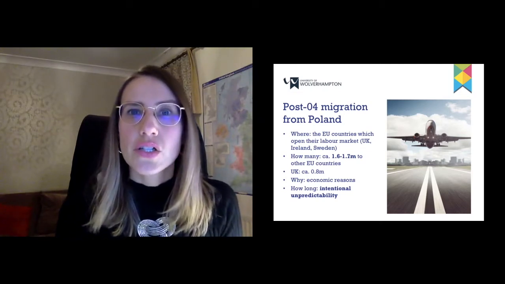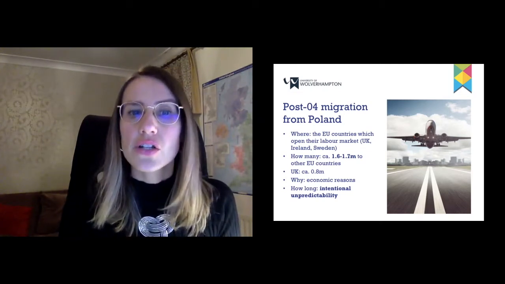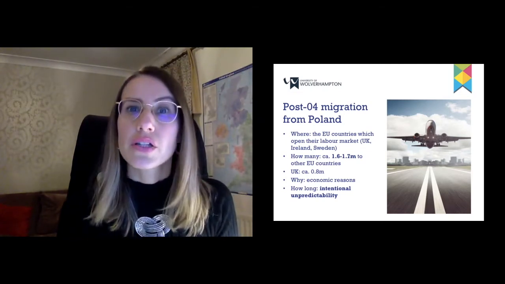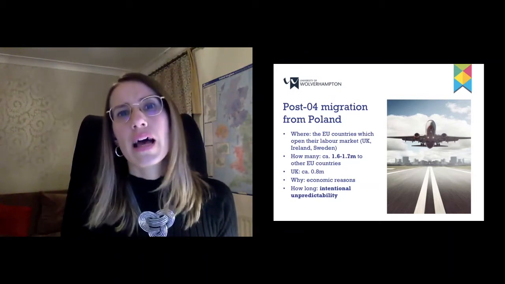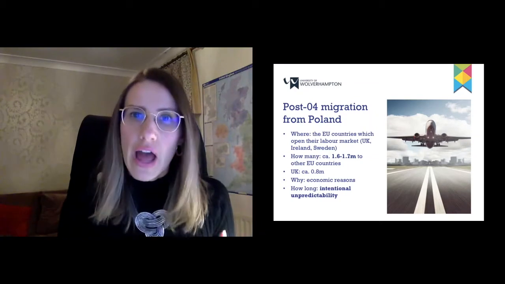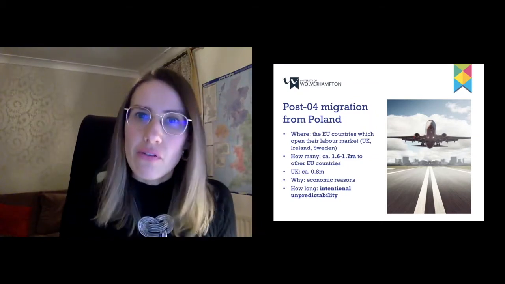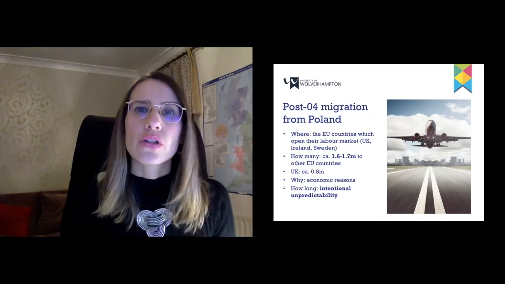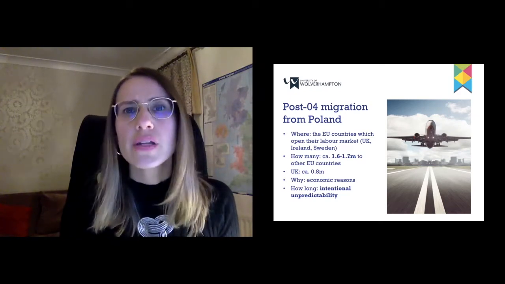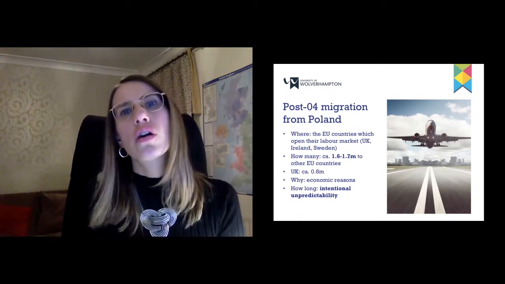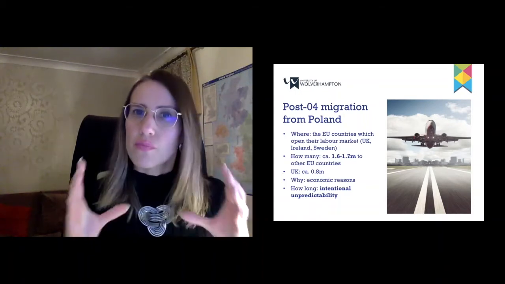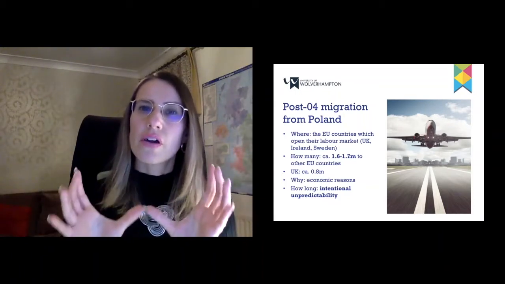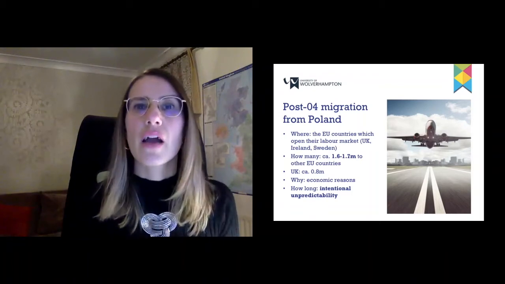And this is what migration scholars have called international unpredictability, when people intend not to make plans, especially when you don't have to apply for a visa, especially when you don't have to apply for a work permit, then you don't see your stay here in the UK as a certain, very much defined period of time.